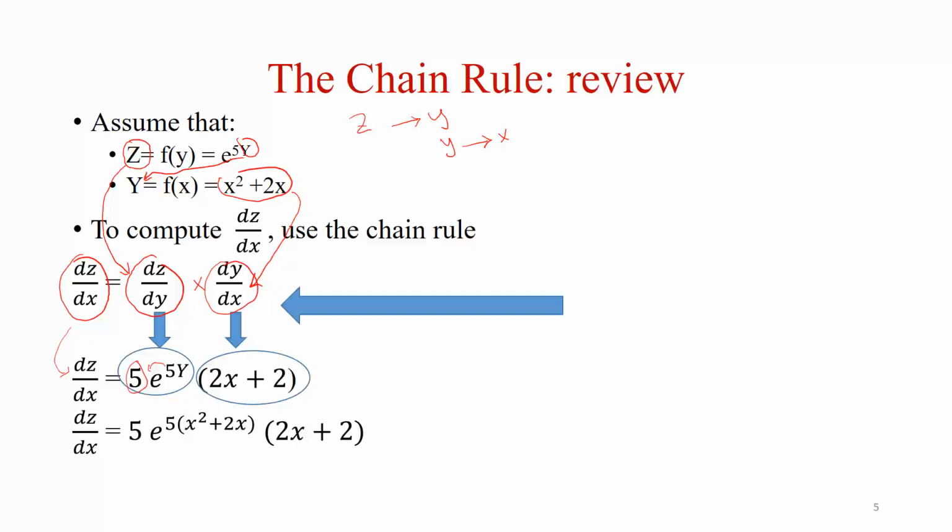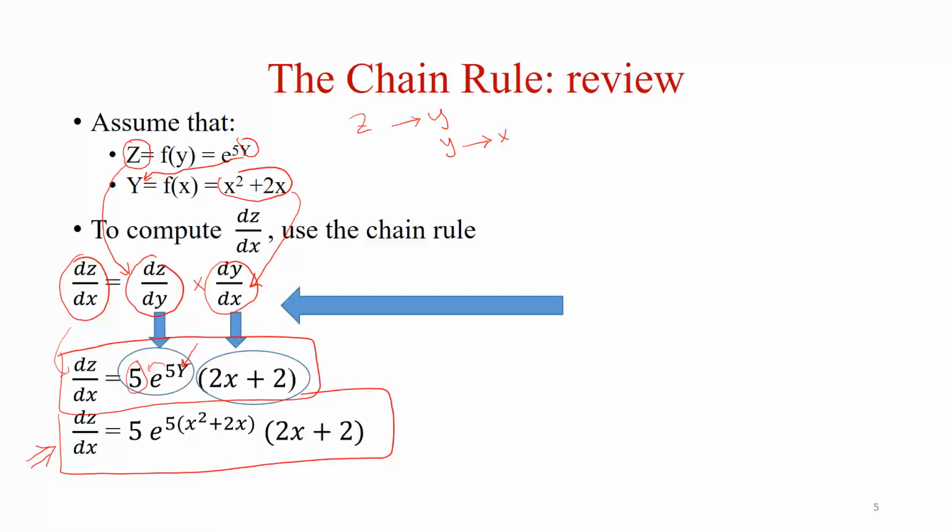And here it's easy to find out that the derivative is 2x plus 2. So now this becomes my derivative. Now you can clean this up by substituting the function y in terms of x, and you get the final equation for the derivative of z with respect to x.